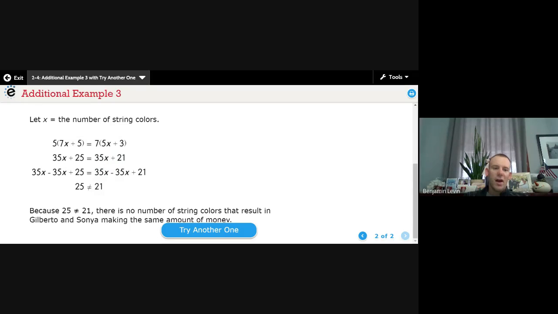But you have a 25 on one side and a 21 on the other side. You know that 25 does not equal 21. So this is not possible. It's never going to be possible for them to make the same amount of money because 25 does not equal 21.